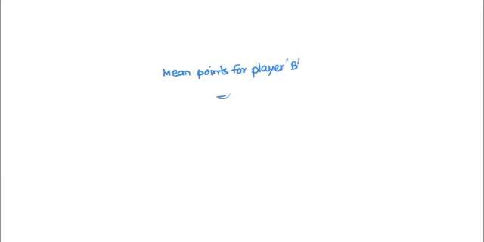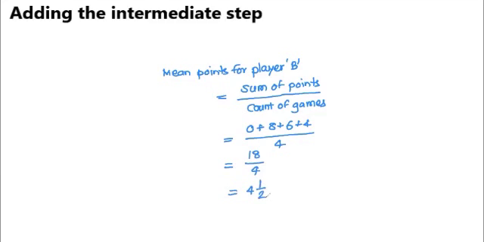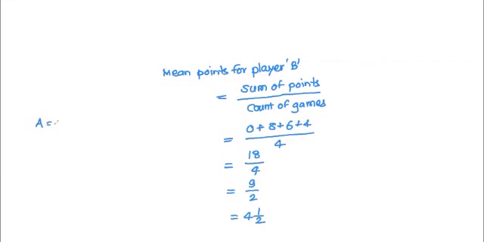is equal to 18 upon 4, and that is 4 1 upon 2. Now we know the average points scored by A is 12.5.